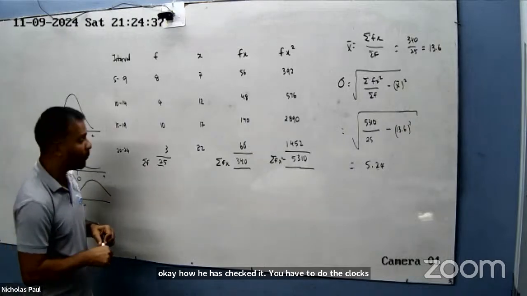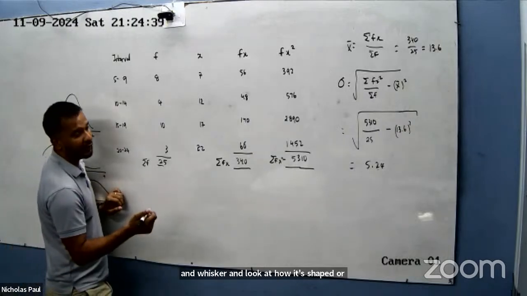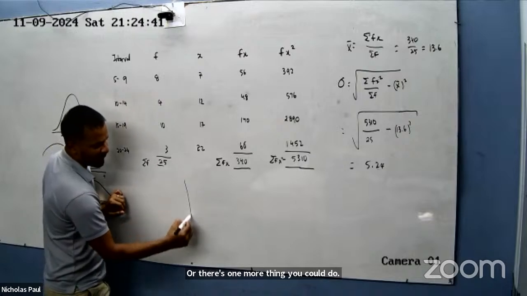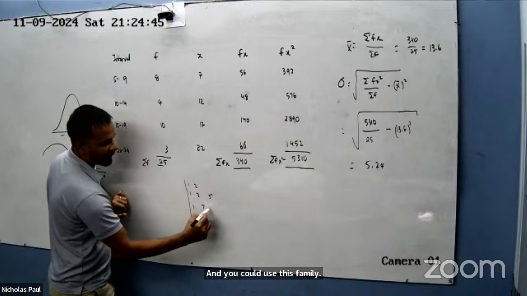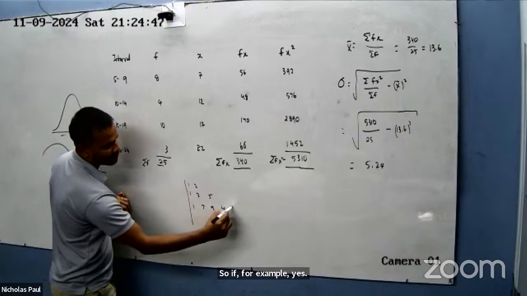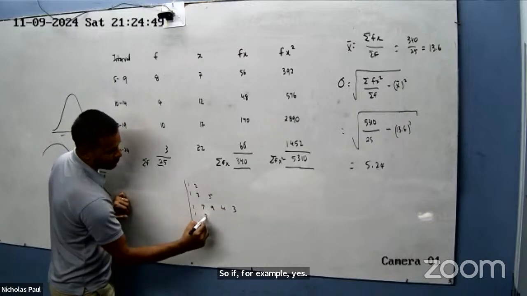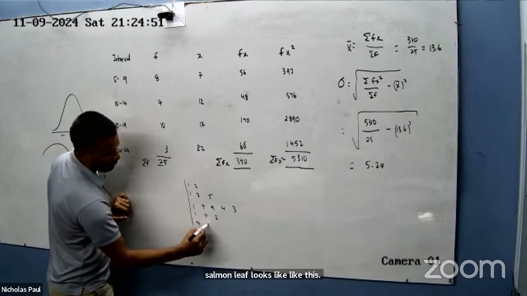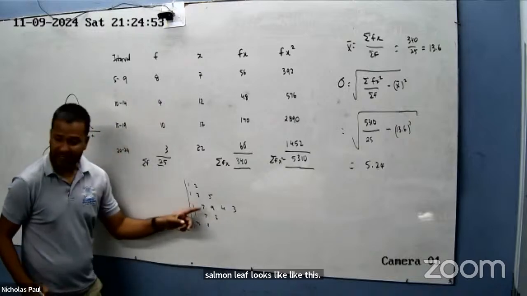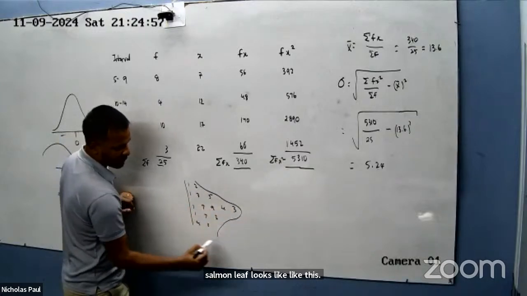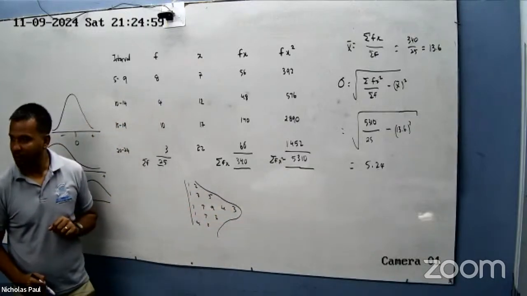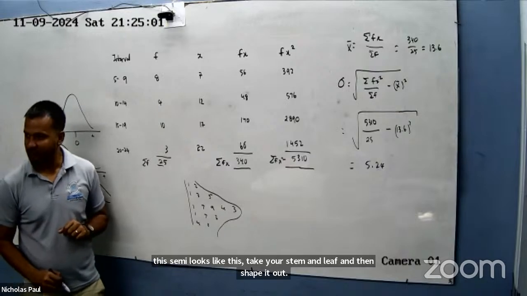Or there's one more thing you could do, and you could use your stem and leaf. So if, for example, your stem and leaf looks like this, take your stem and leaf and just shape it out. How is that looking? Symmetrical, right?